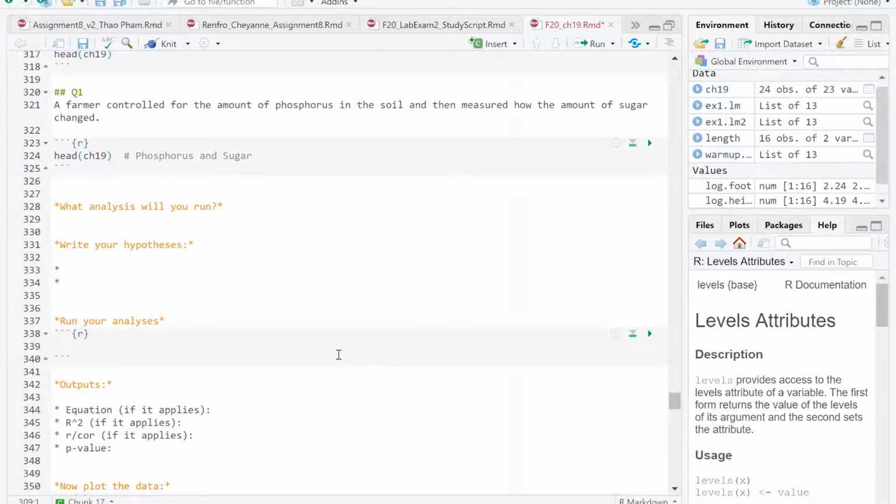Option one, extra examples. Number two, review for exam. And then I'm almost positive you're not going to pick this: breakout groups. So what do people want to do for the next little bit of time? And we can do more than one of these.